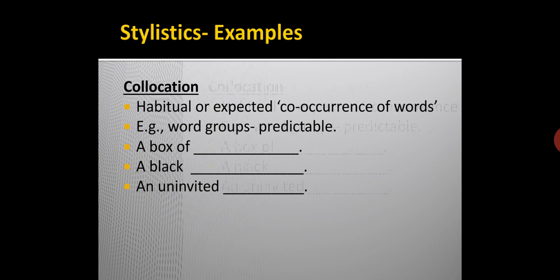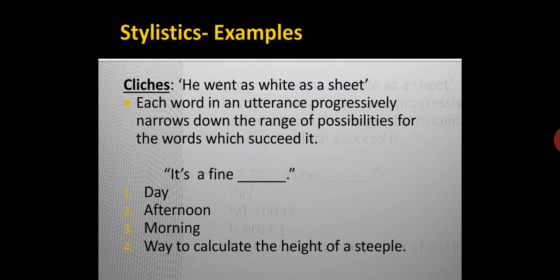A black sheep would automatically indicate that we're not talking about an actual sheep, but someone who belongs to a set of people who are good, and he alone or she alone is not worthy of that set. So that person would be called a black sheep. Anyway, you do realize the difference between a collocation and a cliche, right?